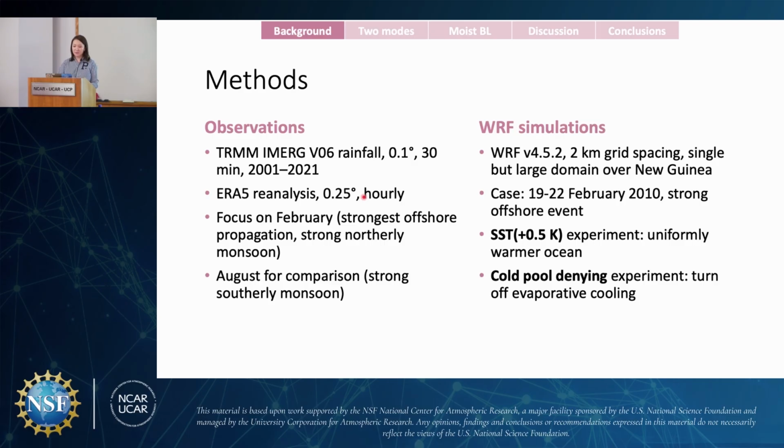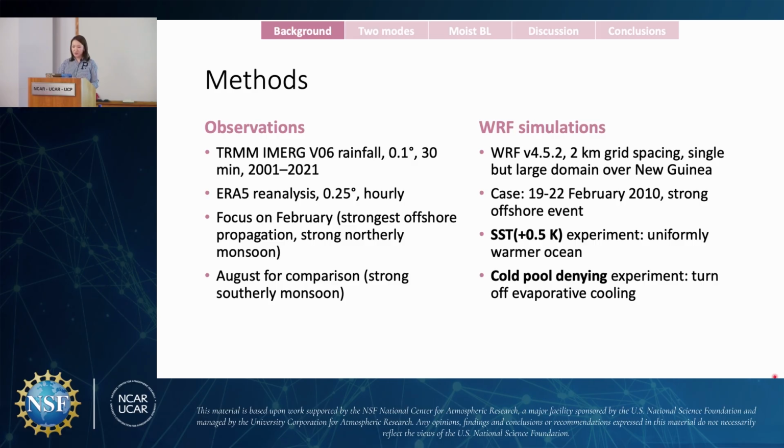We focus on the month of February, when the offshore propagation around New Guinea is the strongest, and the northerly part of the cross-equator monsoon is also the strongest. For comparison, we also look at August, when the southerly monsoon is strongest. For the WRF simulation, we follow Hassim et al. 2016 in choosing February 2010.